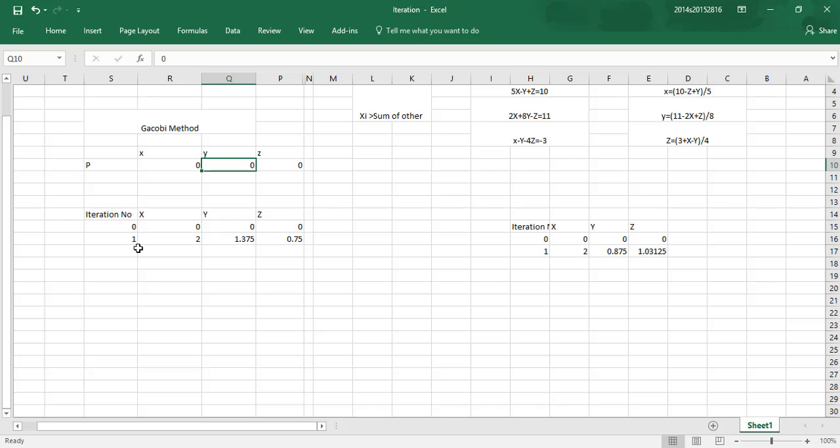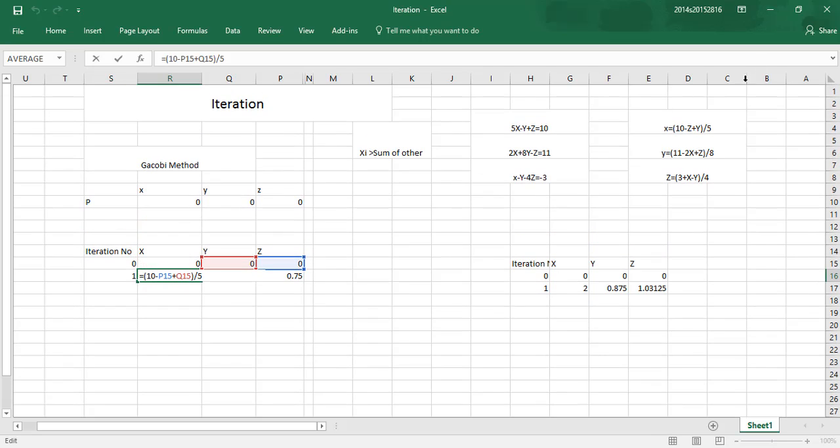The technique for getting the values of x, y, and z is that the first iteration will give us the start point 0, 0, 0. The second iteration, which is iteration number 1.